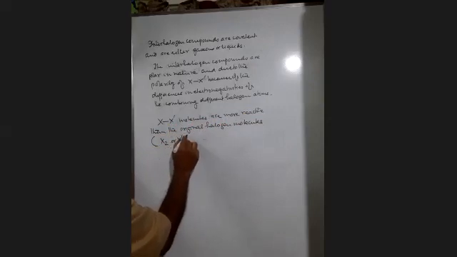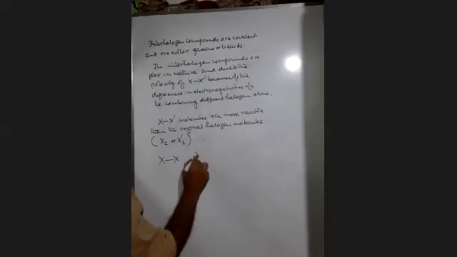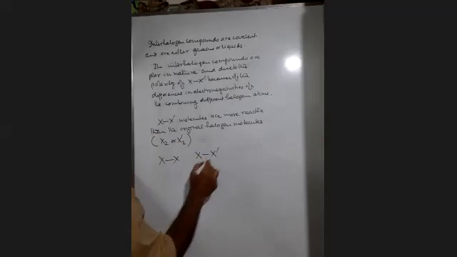X2, when they combine within themselves, or X prime. Why are they different? See, in X2 they have the same electronegativity. The bonds are 100% covalent, difficult to break. But here these bonds are polar due to the difference of electronegativity, so they break easily and react fast.